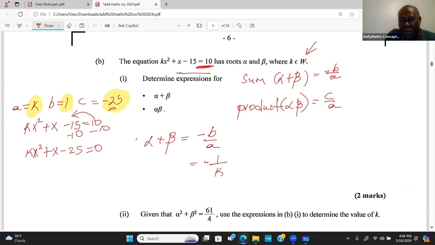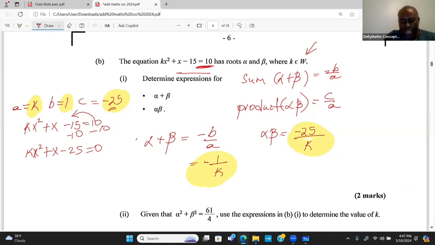The sum is minus 1 over k, but the product is going to equal c, which is negative 25 over a, and a is k. So these are the solutions we're looking for. For the sum, we have minus 1 over k, and for the product, we have negative 25 over k, and we're good to go right there.